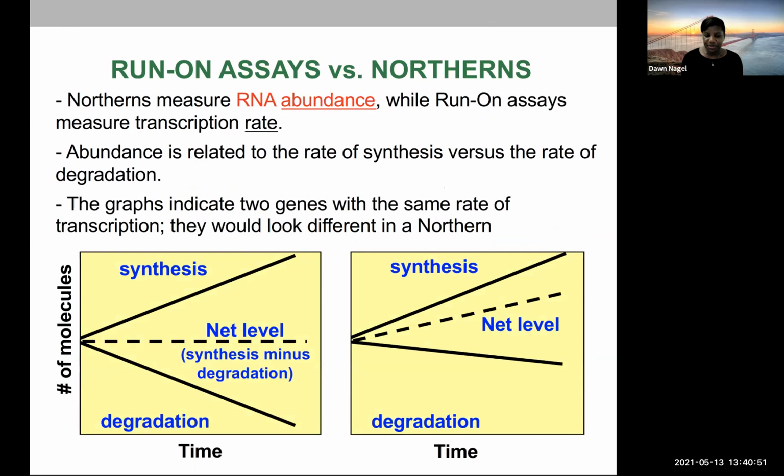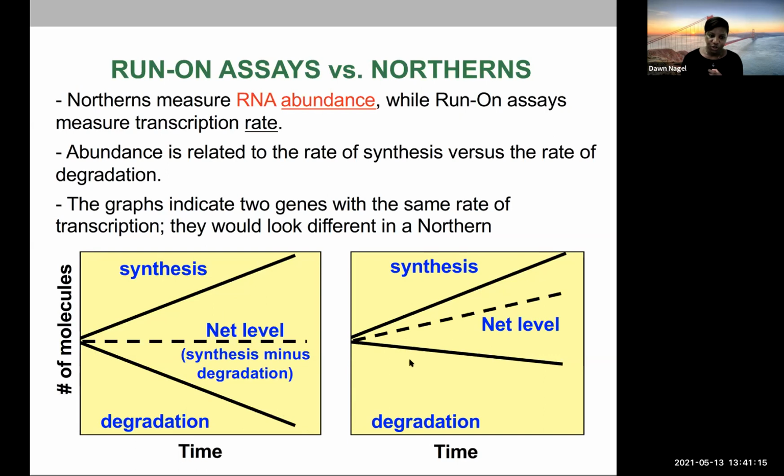So in this particular situation, imagine that you're looking at a gene and you're looking to see whether or not these genes have the same rate of transcription or not, right? If you were to do a northern blot, so you have 2 genes, number of transcripts over time.